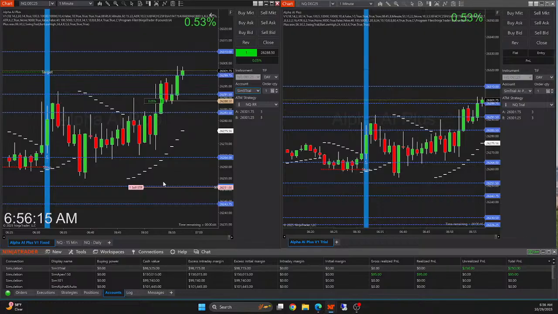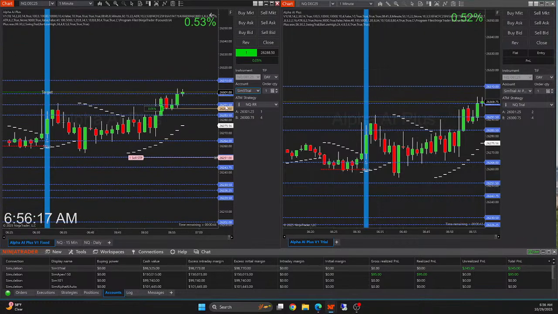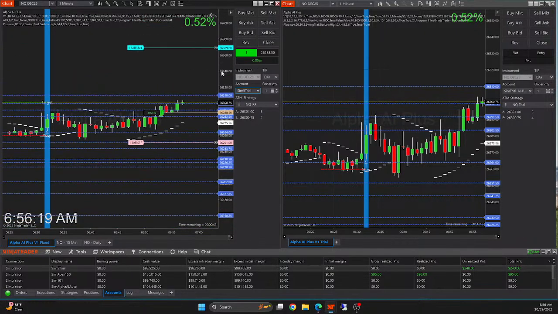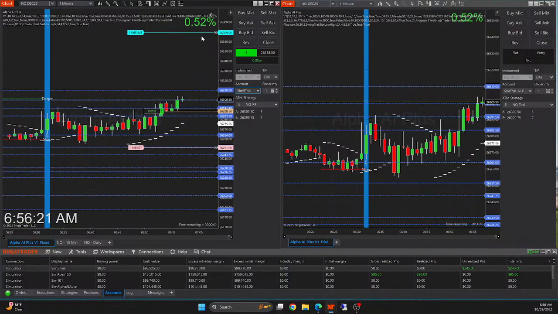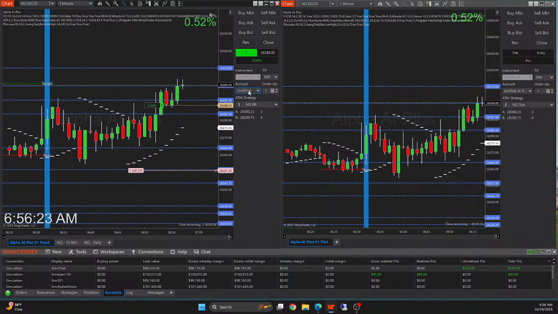See? So this one, the stop loss is here, and the target is way over there. This version here, we don't touch. We keep it as it is.